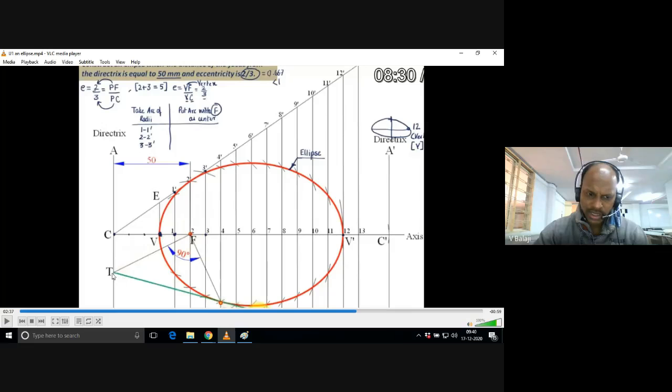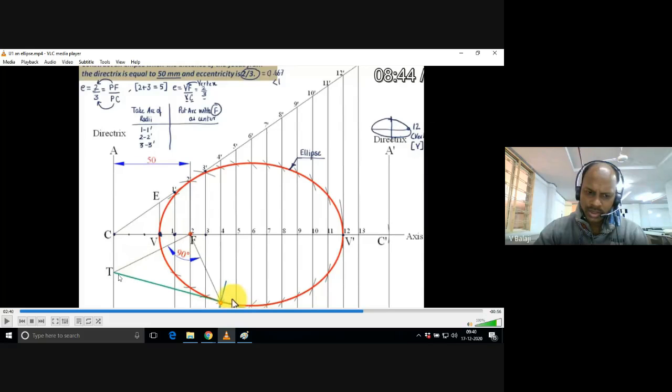And simply join the tangent point to the point we have already selected on the curve. This green color line is known as the tangent. And the normal is exactly perpendicular to this tangent, from the same point. How to draw that perpendicular?